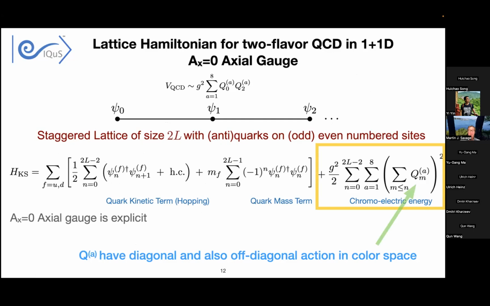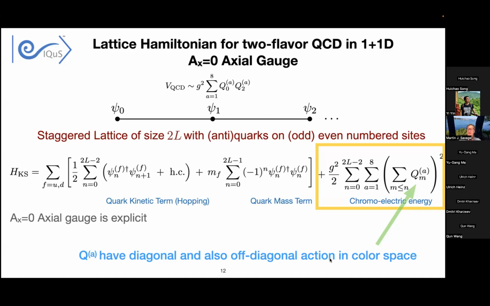If you work with axial gauge, it turns out, and this can be arrived at from Vol gauge by a simple unitary transformation that was shown by Serac and Banyuls and others, then the Hamiltonian has a different form. There's a kinetic term, but there's no coupling to the gauge field. There's a mass term, and then there's a non-local contribution from the interactions of the charges. So it looks like a Coulomb term, but it's more complicated because it's a gauge field. But you can find this construction in any lattice field theory book.